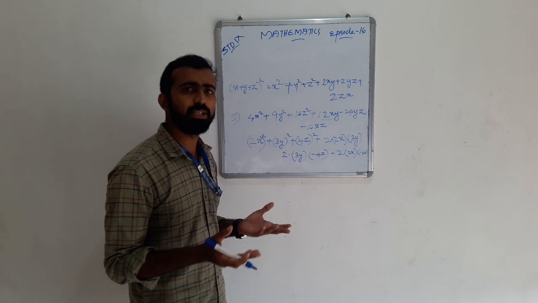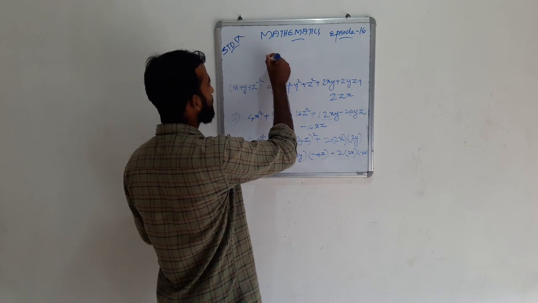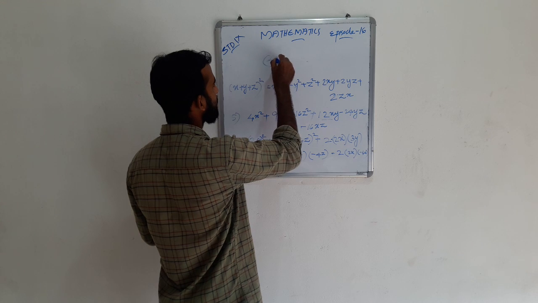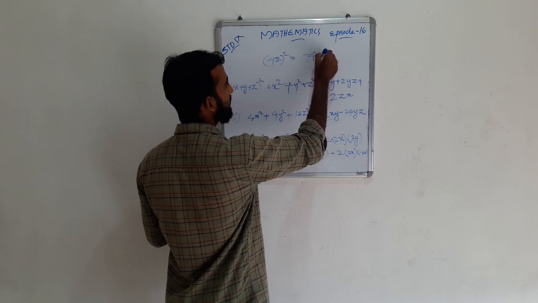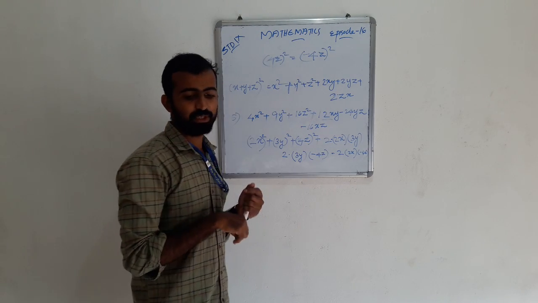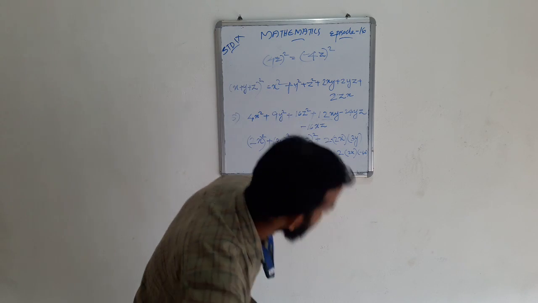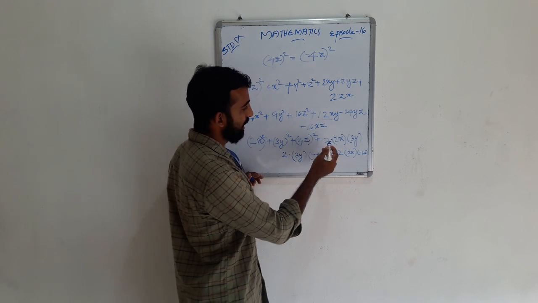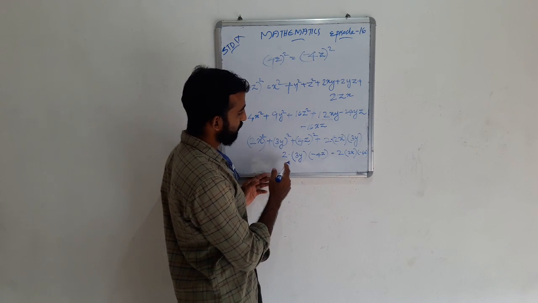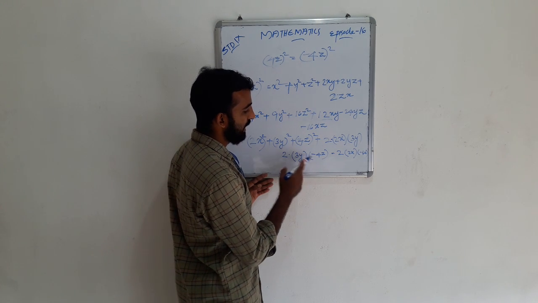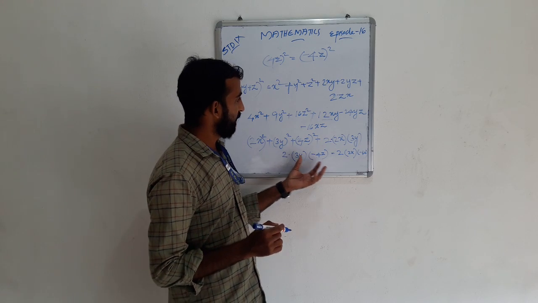4z the whole square equals negative 4z the whole square. We can write these are equal. And next, here we get 2 into 2, 4, and 4 into 3, 12, and 2 into 3 is 6, 6 into 4 is 24.